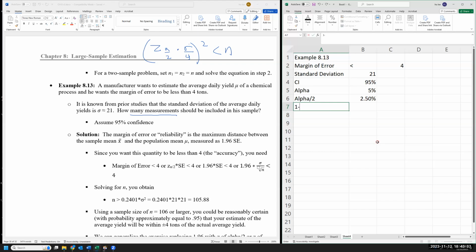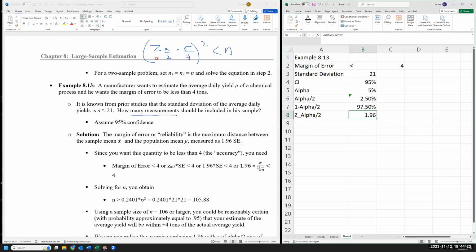So 1 minus alpha divided by 2 is 97.5%. In order to find z of alpha divided by 2, we need the cutoff that puts 97.5% to the left of it. So norm.s.inv of 97.5%, which puts 2.5%, or half an alpha, to the right, is 1.96.